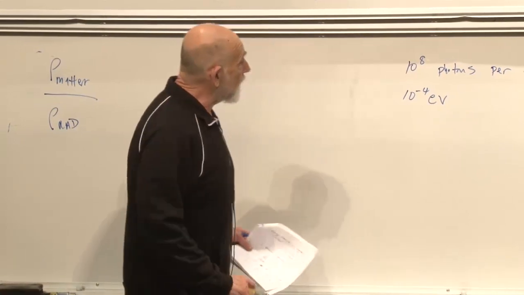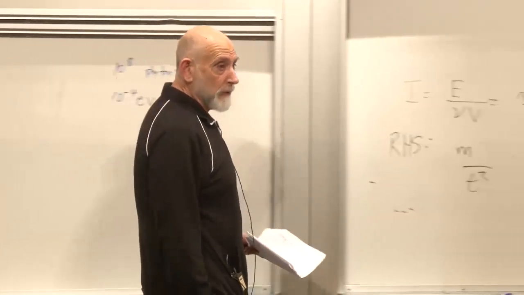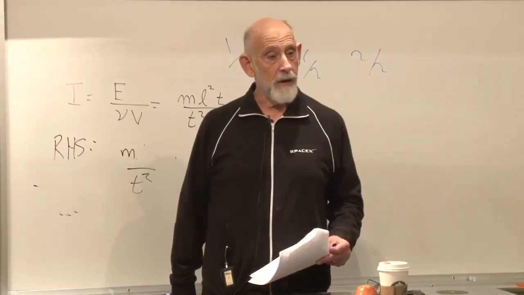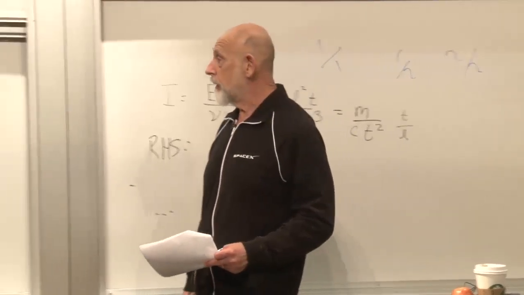Right? And what about the energy of a proton? The energy of a proton is 1 billion electron volts, 1 GeV.